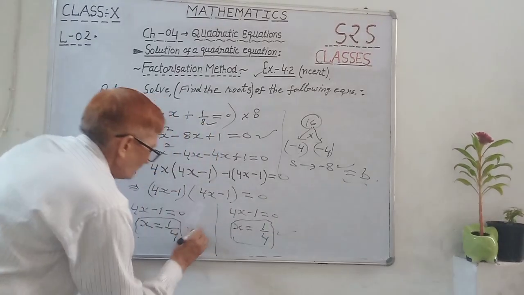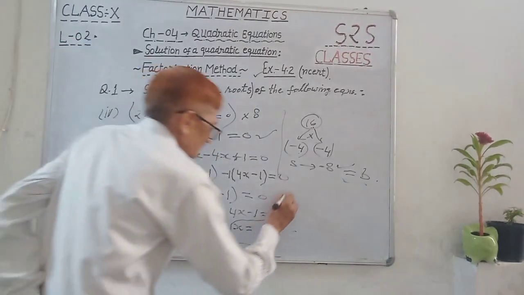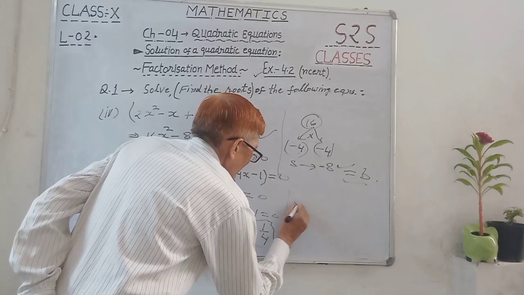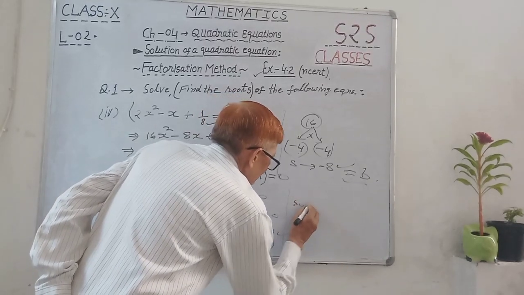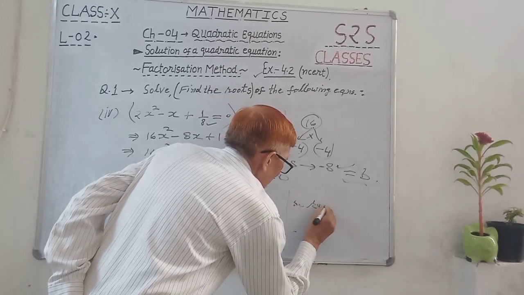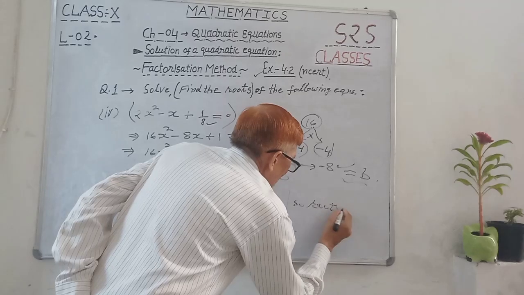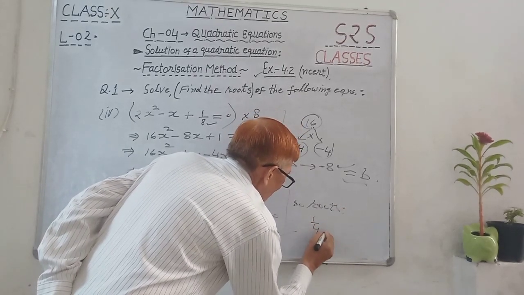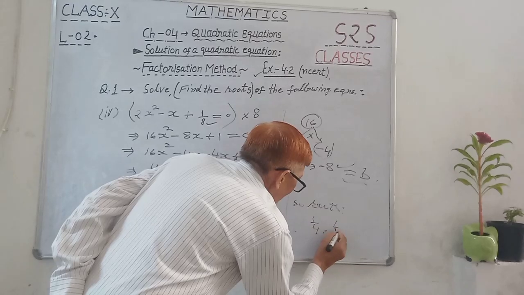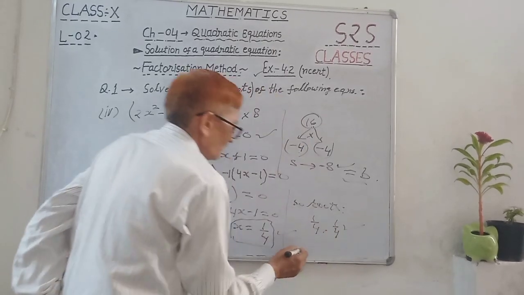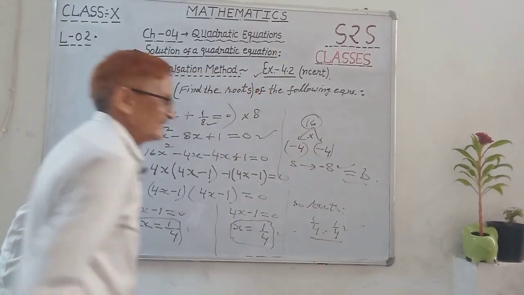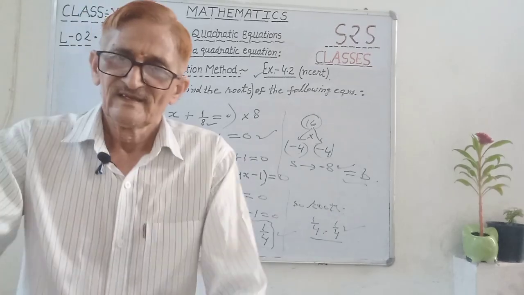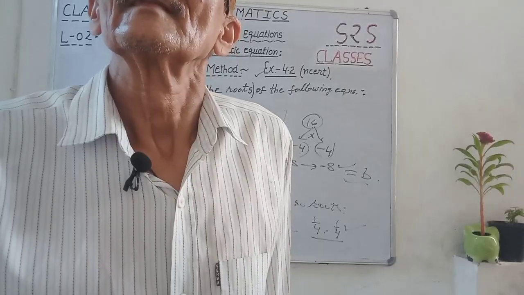So both are the roots: 1 upon 4, comma, 1 upon 4. Repeated roots, both are equal roots.